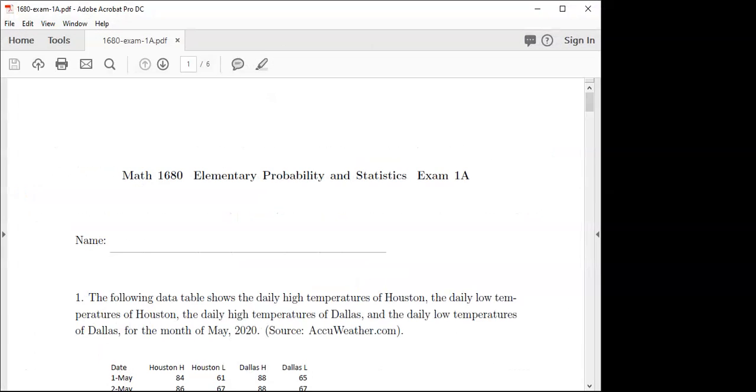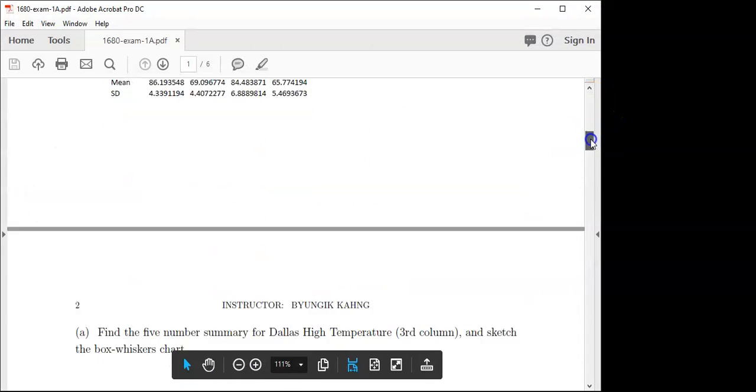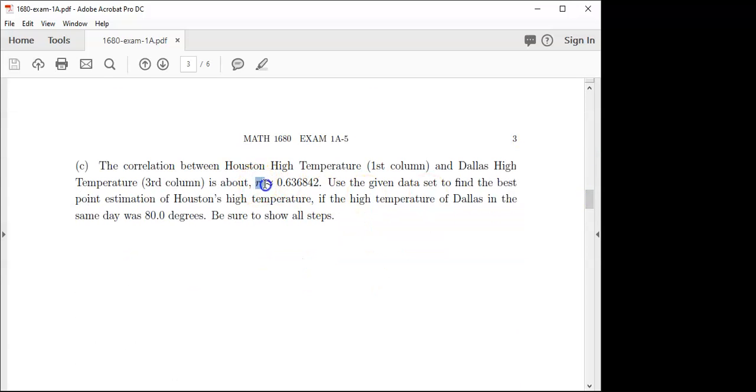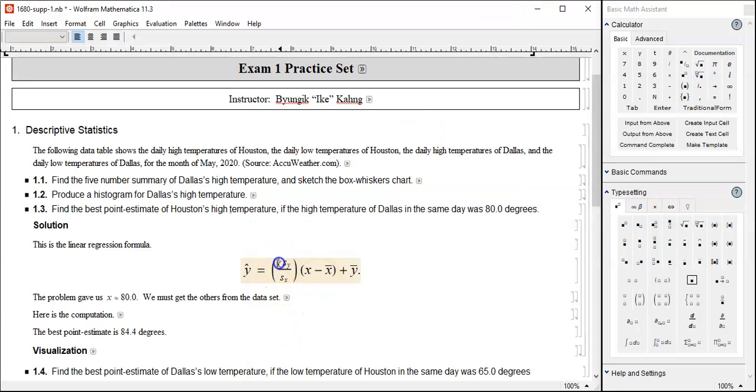Let's go back to the problem set. R is given as 0.636 something, correlation coefficient. So this one is 0.6 something, you can plug in. Now this is 80, all right. How about the other 4?